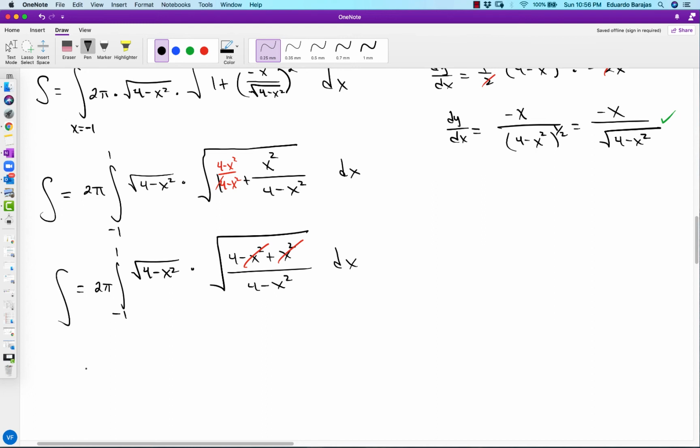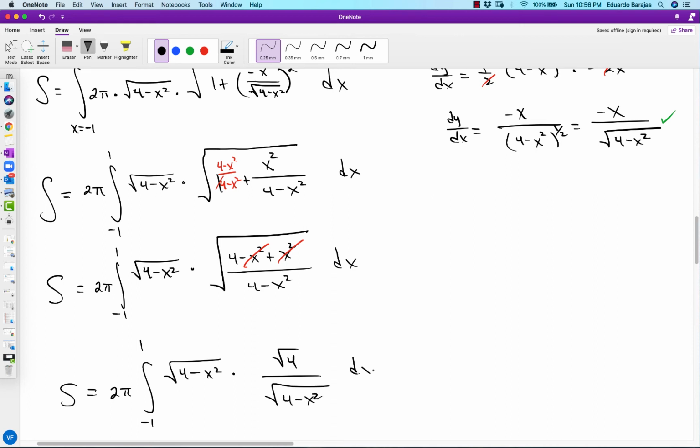So this is our surface area S. So S equals 2 pi times the integral from negative 1 to 1 of the square root of 4 minus x squared times the square root of 4 divided by the square root of 4 minus x squared, dx.